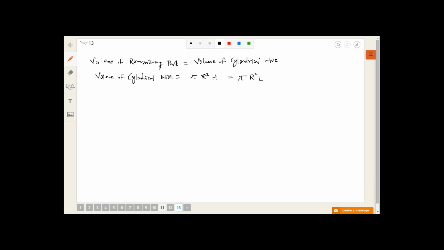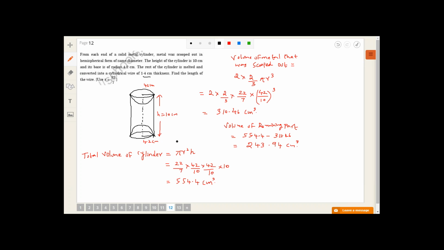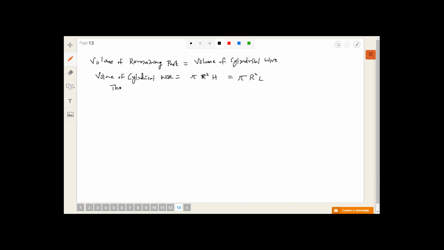So thickness is 1.4 centimeter, that is equal to the diameter, 1.4 centimeter. So radius will be diameter by 2, which is 1.4 by 2, which is 0.7 centimeter.